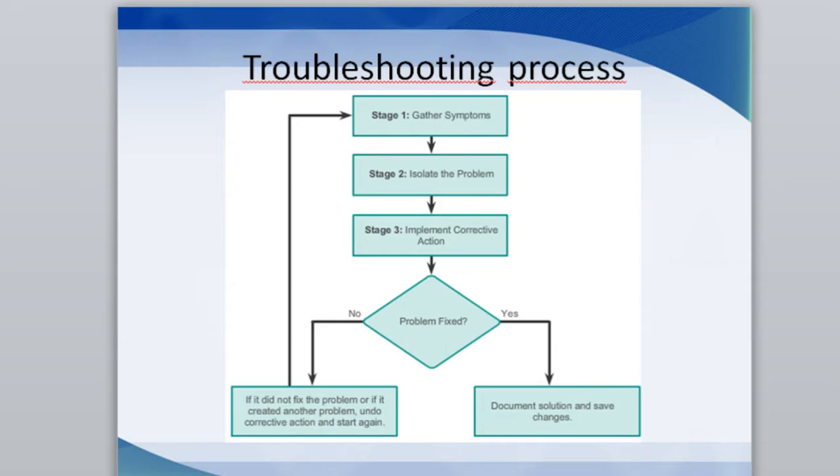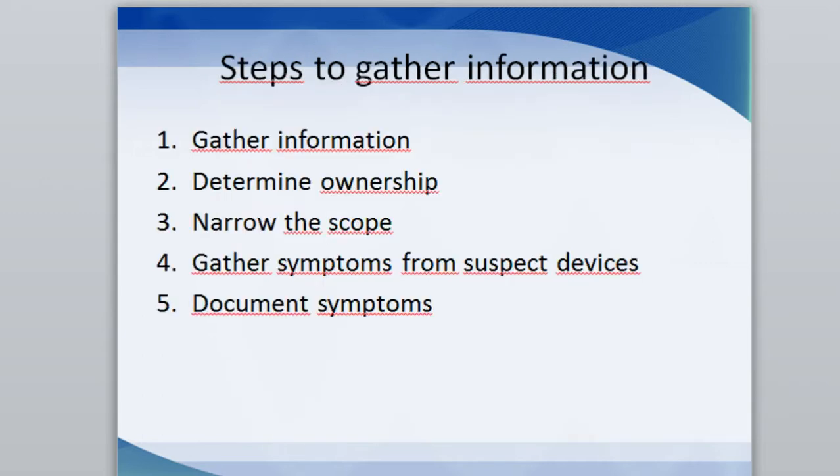Now, there are several steps in the gather information stage, and the first one is, shockingly, to gather information. This is, as its name says, gathering information on what is happening that should not be happening.